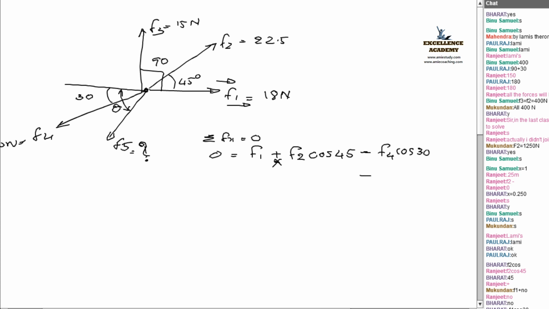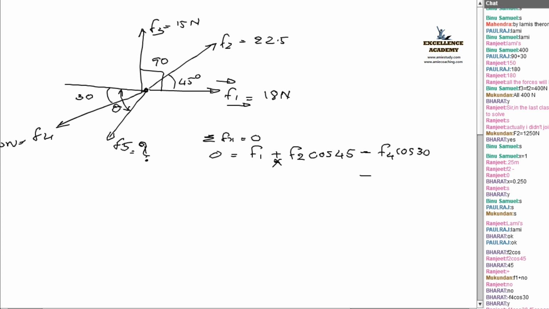Next is what? Plus or minus? According to the figure, it is in the minus direction itself. Am I right? It is taking a negative direction. Okay, so yes, minus F5 cos theta. I don't know what theta is there, and that is equal to 0.